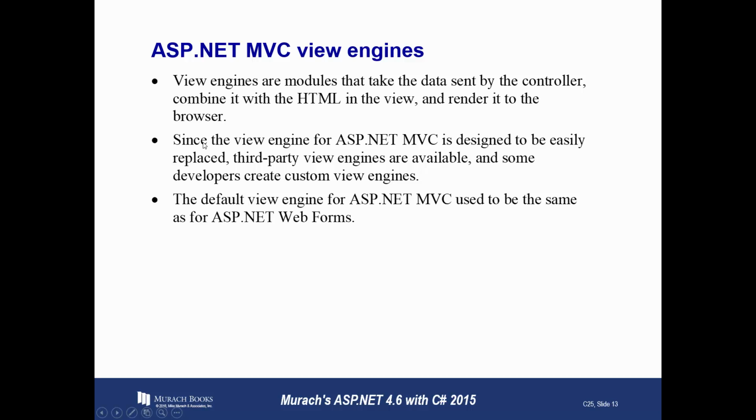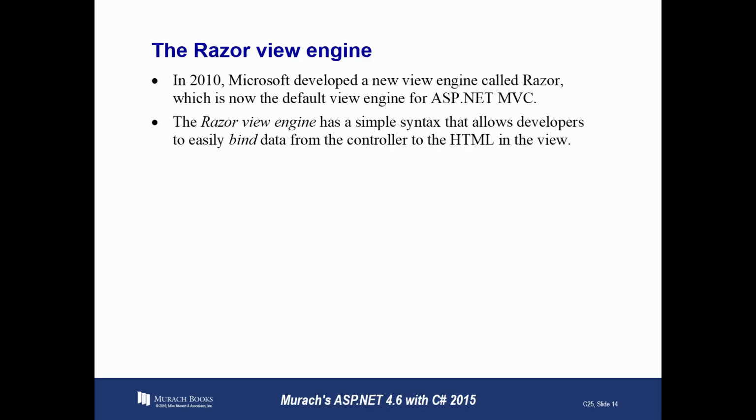Now, when ASP.NET MVC first came out, which was a few years ago, it also used the ASPX View Engine, but many developers found that this was very difficult to work with. So in response, Microsoft came out with what's called the Razor View Engine, which has a more natural type of syntax.